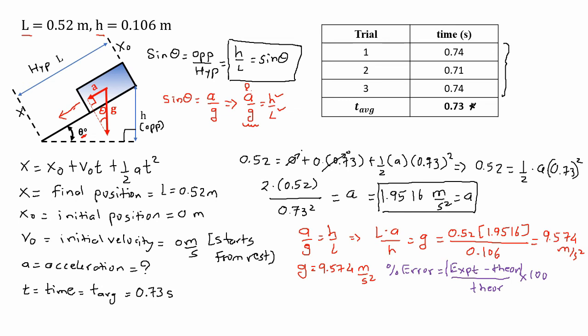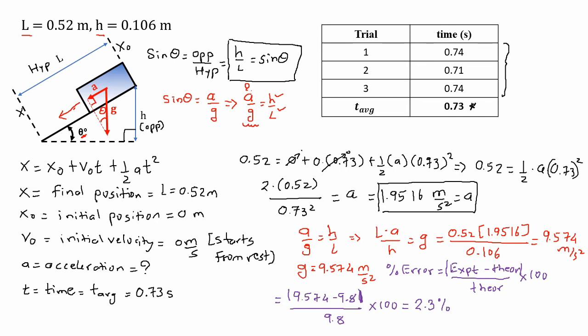So plugging in, I get 9.574 minus 9.8, that is the theoretical value, divided by 9.8 times 100, and that gives me 2.3. So my percent error turned out to be 2.3%.